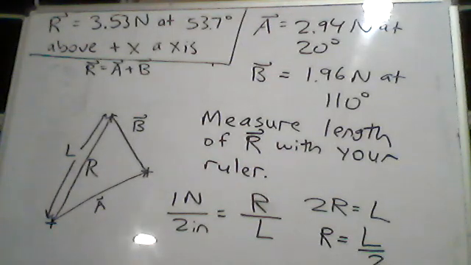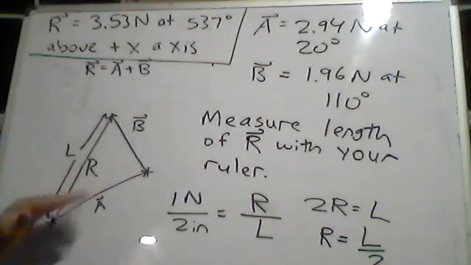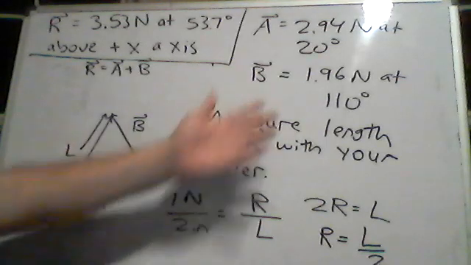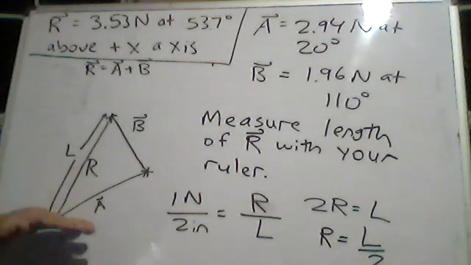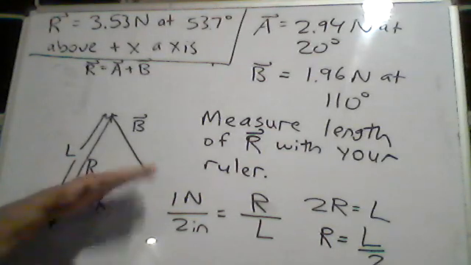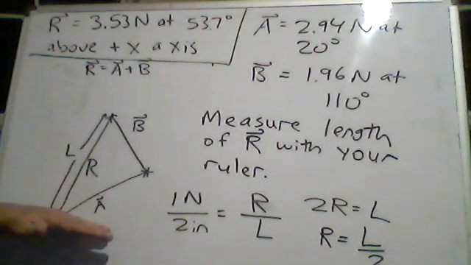Again, how do you do it? You figure out where A is. You figure out, first of all, a scale. And from your scale, you now know what lengths correspond to your force magnitudes, your vector magnitudes. You very carefully draw that length at a particular angle, measuring that angle with the protractor.